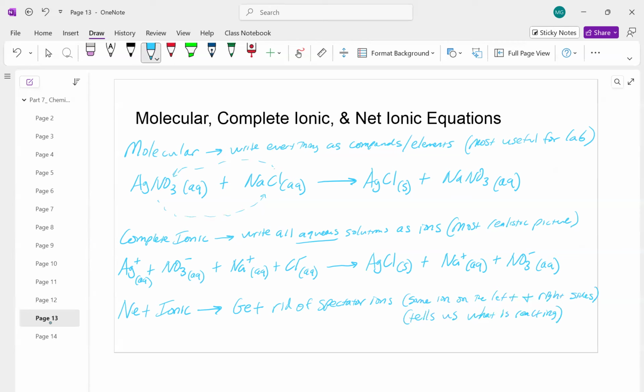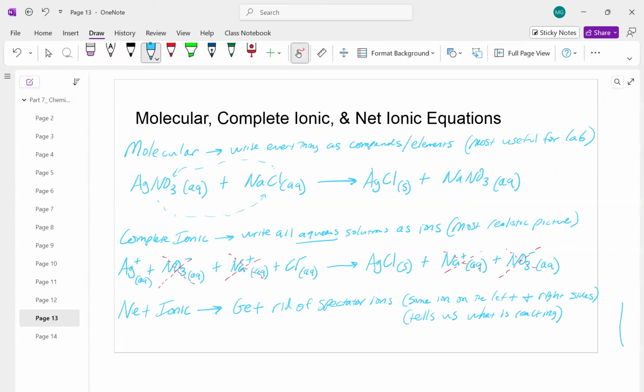So let's go back to our complete ionic equation. Much like a math problem, if you have a math equation, you can cancel things out that are exactly the same on the left and the right. We could do that with a net ionic equation. So notice how I have nitrate on the left here, and I have it on the right. I can cancel it out. Notice how I have sodium cations on the left and sodium on the right. I can cancel that out.